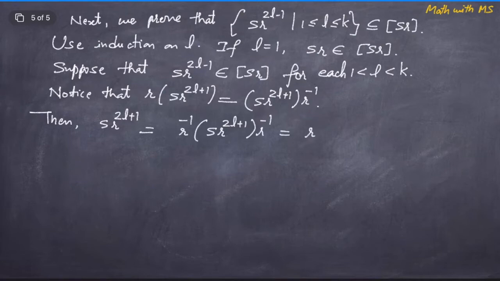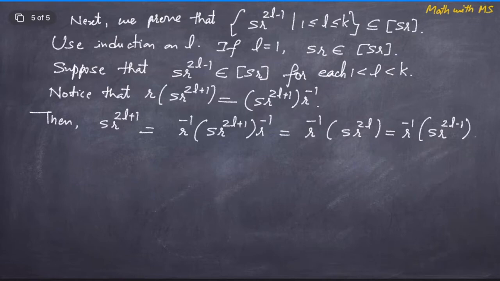It can be written as r inverse into s r to the power 2L. One r gets cancelled, but that I can write as r inverse into s r to the power of 2L minus 1 times r.